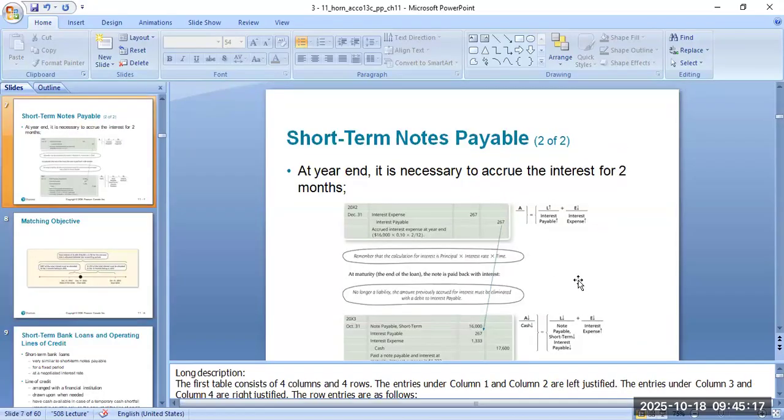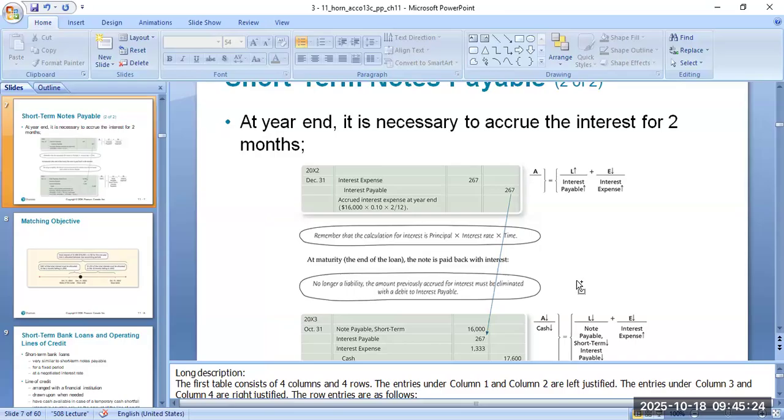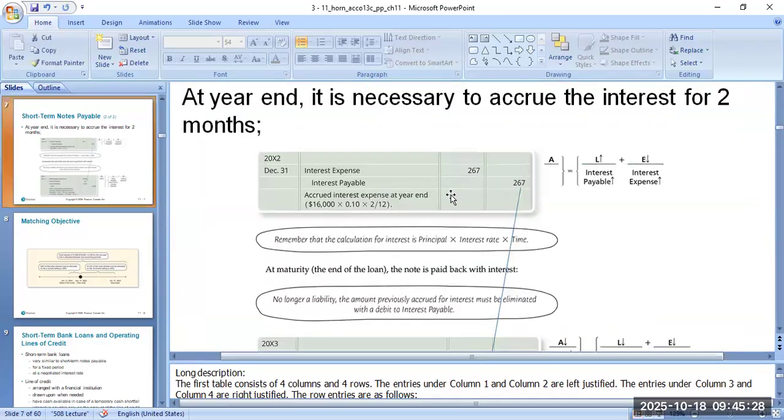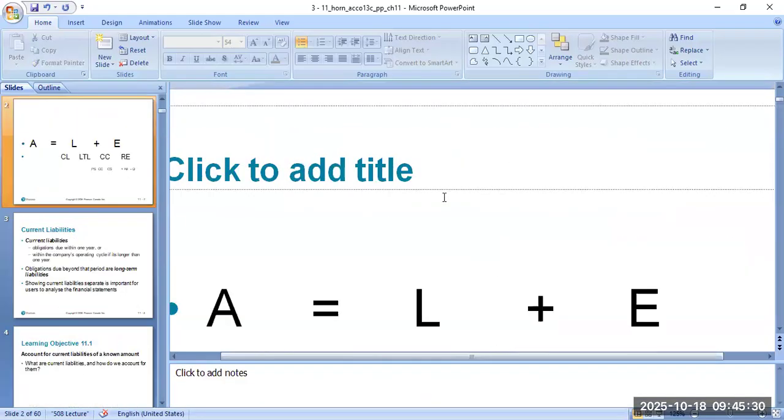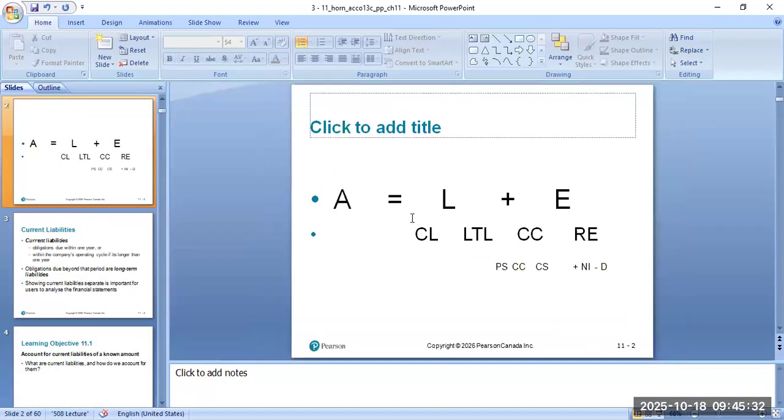Now, at the end of the first year, we have to see when we are going to pay that interest. Since this one is a 1 year note payable, let's see which dates are available here.